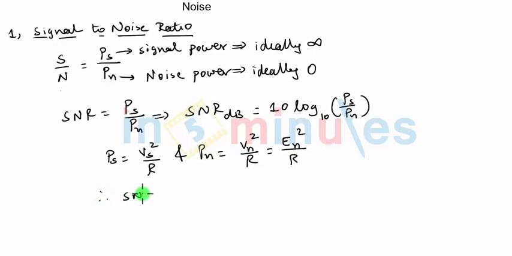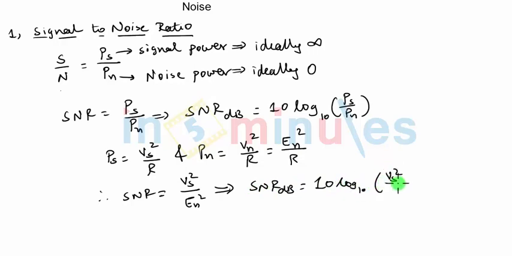So if I take the ratio, SNR will be Vs squared by En squared, because R will cancel out. It's a common resistance that we have taken as of now. And if you now represent SNR in dB, it will be 10 log to the base 10 of Vs squared upon En squared. Because it's the log of something squared, that 2 can be taken out and it will become 20 log of Vs by En.